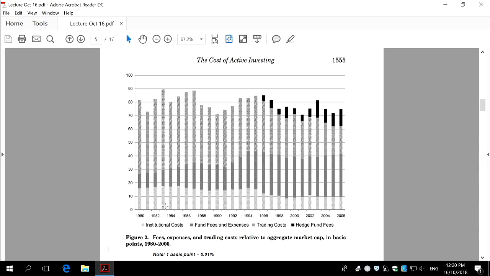A very striking feature is that along all those years, from 40 years ago to 10 years ago, the total cost of active investing is strikingly consistent. It doesn't go up or go down. It's roughly between 70 basis points per year and 80 basis points per year.